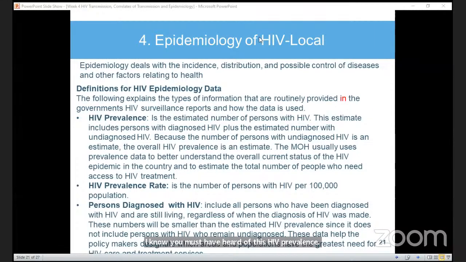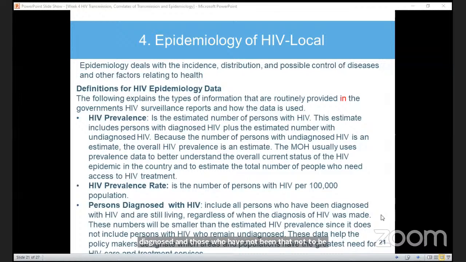So every time they talk about the prevalence, basically what they mean is that this is an estimate of the number of people living with the HIV virus in a particular country, for example, or region. Now, this estimate includes those who have been diagnosed with the virus and those who have not been diagnosed, but they are thought to be having the virus.